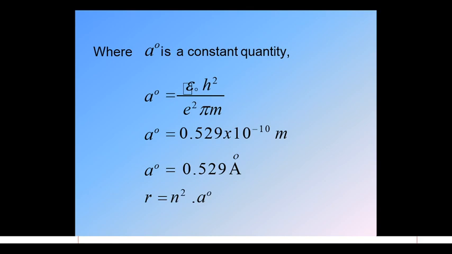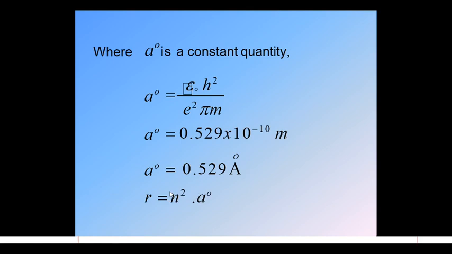So with this last equation, Rn is equal to n square a0, you can find the radii of all the orbits permitted by the Bohr model. Only certain radii are allowed by the Bohr model, since you can substitute n as 1, 2, 3, etc. Substituting 1 you will get a0, substituting 2 you will get 4a0, substituting 3 you will get 9a0.